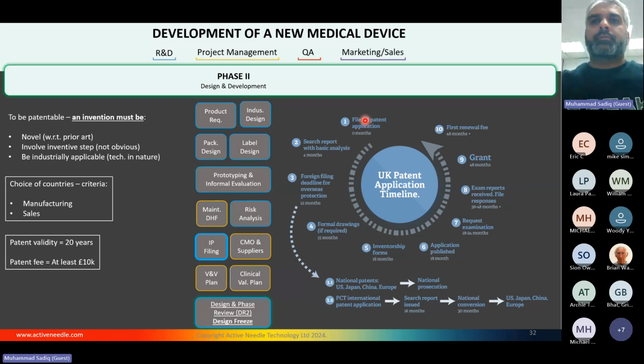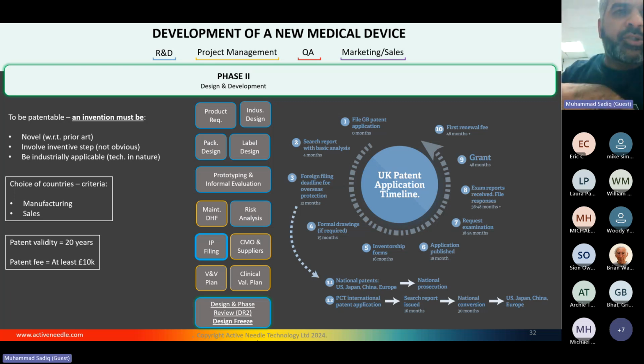You don't have to get protection in the whole world, because that's going to be very, very expensive. So our normal standard set of countries is the EU, the US, China and Japan mainly.